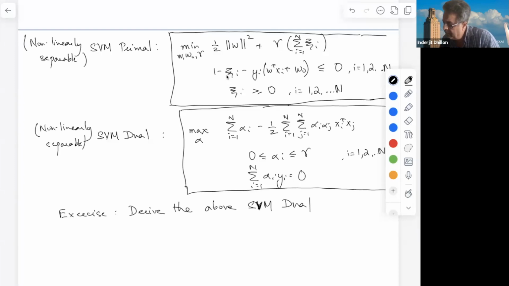So I think I made a mistake over here. And this is the slide. Do that, okay, and then substitute it in the dual function, and this is what you will get.